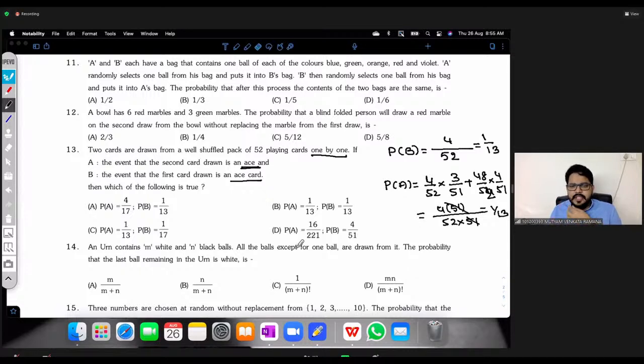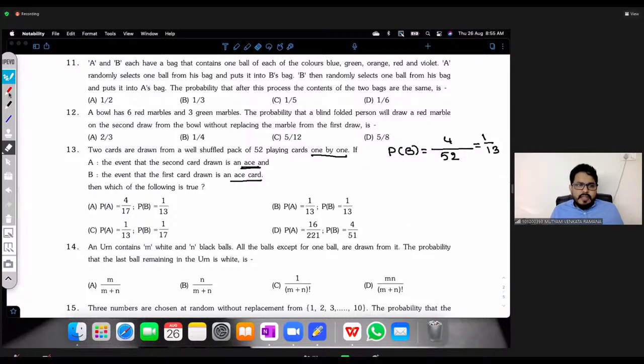Is it right? Let me look at the second one once again. What is the probability of A? The event that the second card drawn is an ace. So the first card is an ace plus the second one is also an ace.